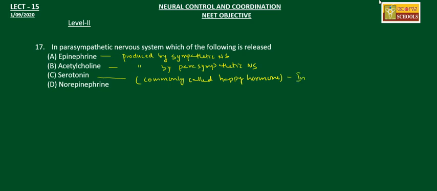Serotonin is found in the brain, bowels, and platelets, and it controls mood, happiness, and anxiety.